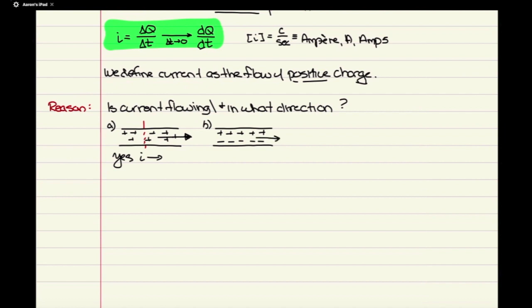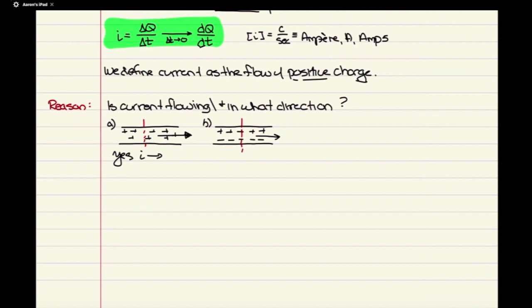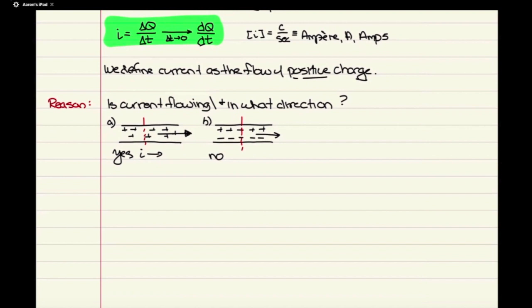Suppose you have both positive and negative charges in equal numbers, and they're both flowing to the right. Is there a current flowing? This is similar to our water hose example up above. We would say no. There is no net current in this case.